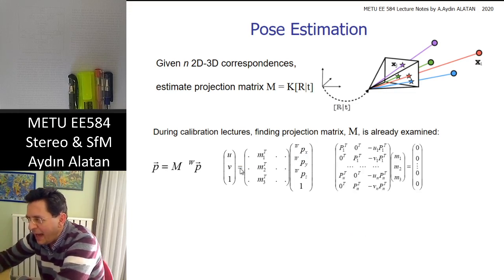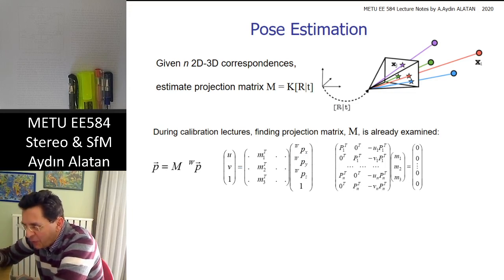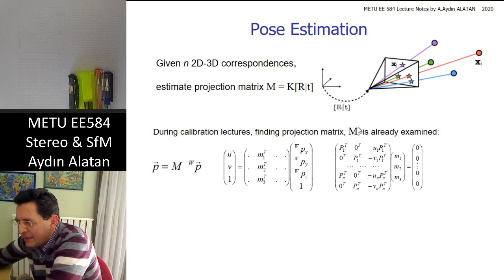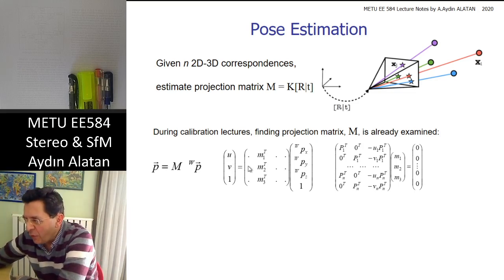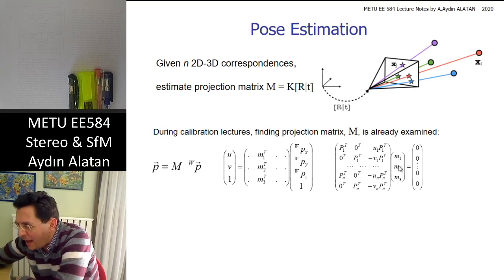Okay, now if you write these things in a different way, noting that in this pose estimation problem, I know the 3D coordinates, I know the pixel coordinates, therefore the only thing unknown is the middle part. I'm going to write these three rows as a column.